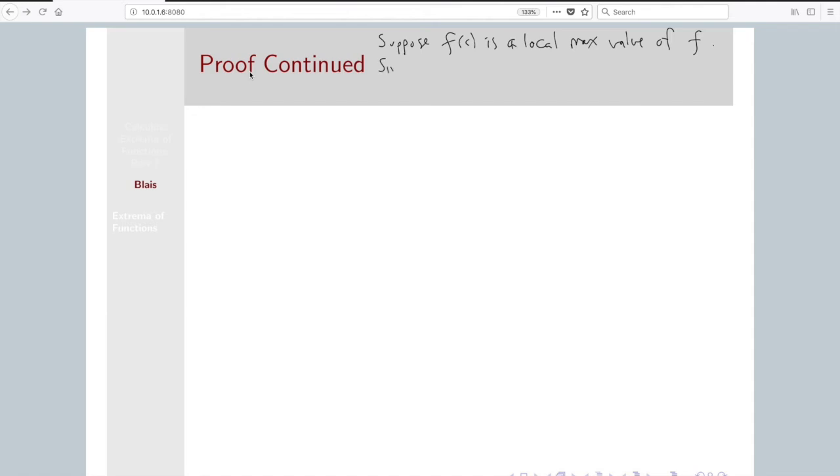Since it's differentiable, we can look at f prime of c. It exists.